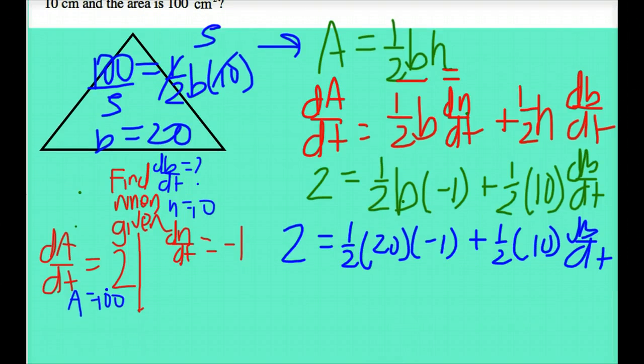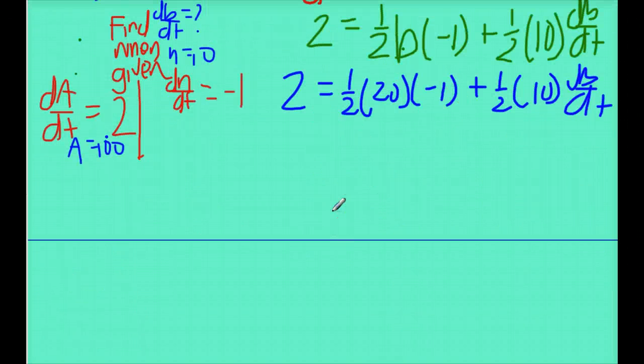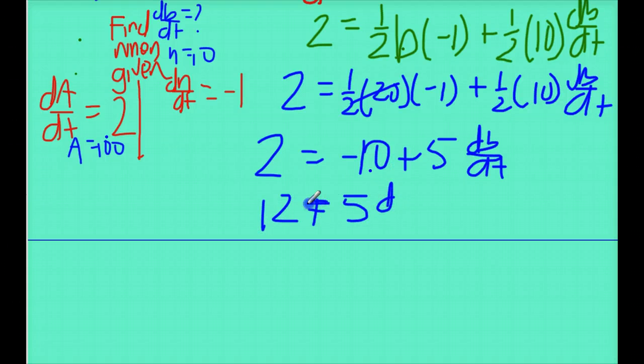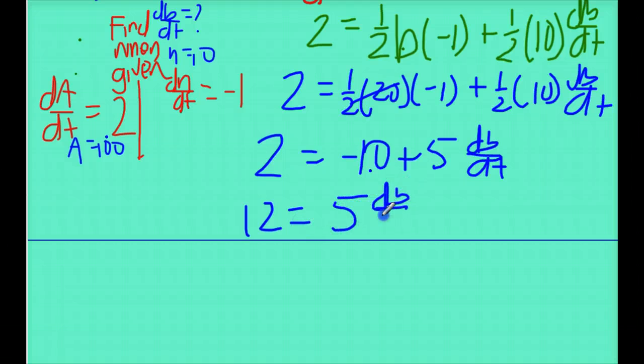And if I scroll down to make some space, all we do is a little bit of algebra. Get 2 is equal to, that becomes a 10, so -10 plus 5 dB dt. Move everything over, I get 12 is equal to 5 dB dt.